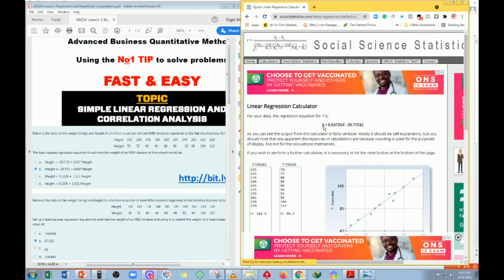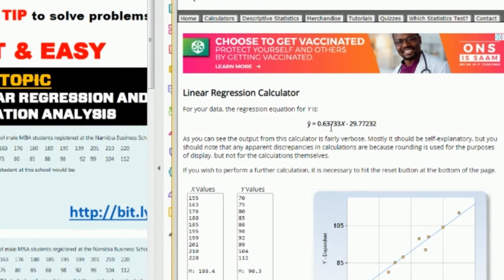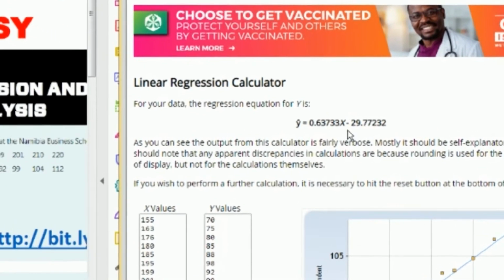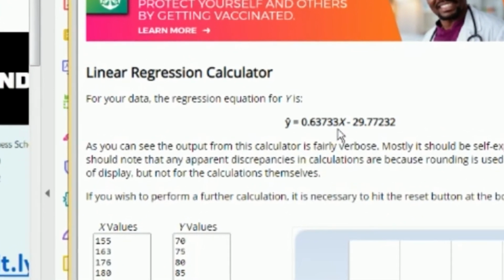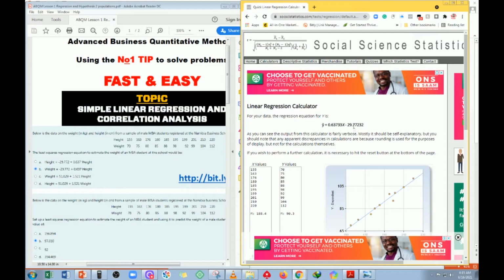So weight equals 0.6377x, meaning height, minus 29.77232. So negative 29, there it is, and then positive 0.637. And remember, height is the x and weight is the y.